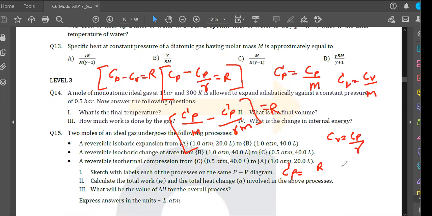It is R capital M into gamma divided by gamma minus 1. Yes or no? Rm by gamma minus 1. Which is the answer? What is the answer? Okay, we have no answer, yeah?